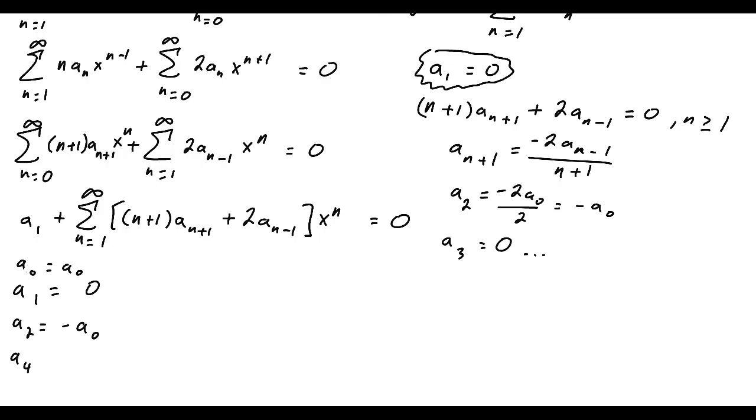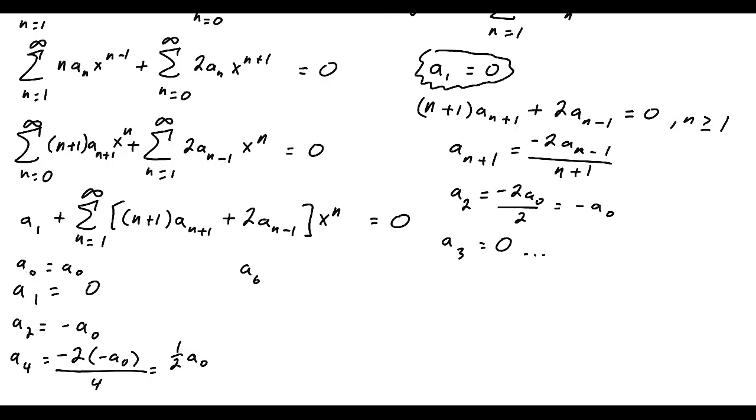A sub 4 will be equal to negative 2 times a sub 2, which is negative a sub 0, and that's all over 4, so that is equal to 1/2 a sub 0.